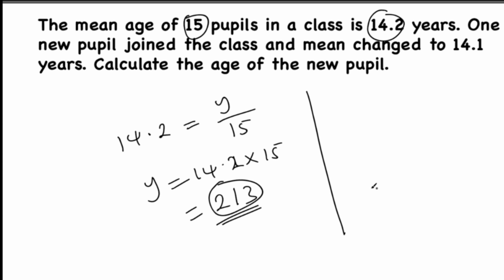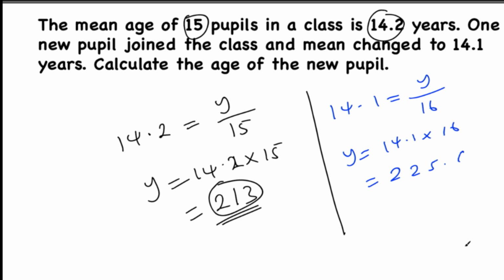After this student joined the class, automatically instead of 50 students, there were now what? 51 students, and he has changed the mean. Meaning what? The new mean is equals to the new y over 51. So y now here is equals to 14.1 multiplied by 51. If you multiply it, the answer you have is what? 719.1.